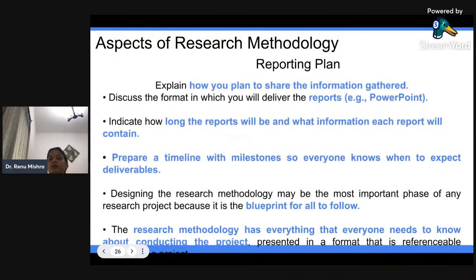Now, the next aspect of your research methodology is your reporting plan. You conducted the research, fine enough. Now, why did you collect the information?